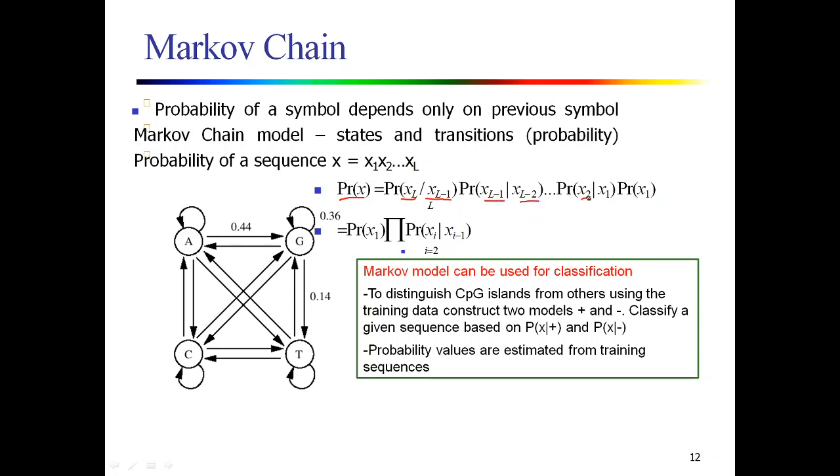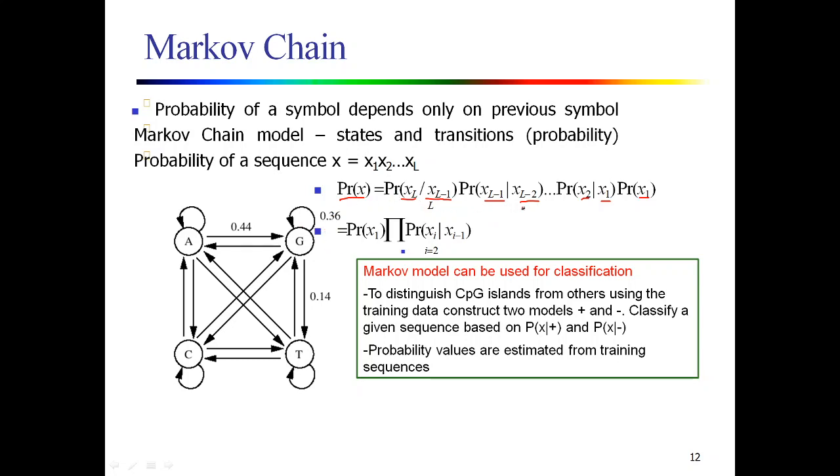Similarly, x2 only depends upon x1, and so on. x1, the initial probability, only depends upon the 0 state. All these probabilities are taken together, and this is the probability for the sequence.